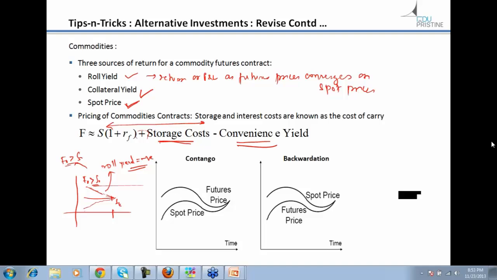At the same time, alternative investments is a topic where you may not have come across most of the terms in your day-to-day life. You might have come across things like equity, fixed income, and FX, but you may not have heard about private equity, venture capital funds, hedge funds, and so on. So please go through each of these asset classes.